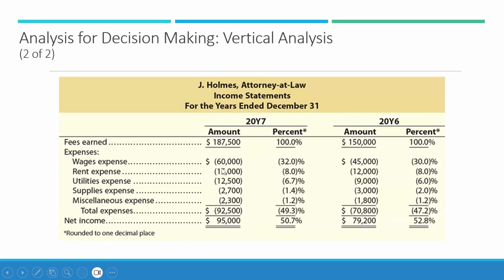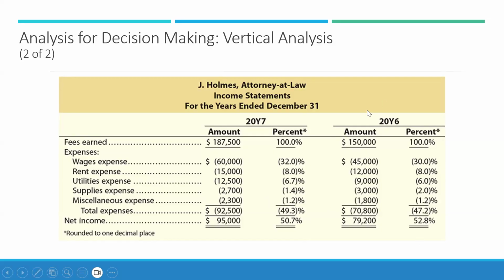So all of these expenses will be divided by fees earned to come up with these percentages. Do you see revenues are 100%? We see here that our net income is 50.7% of revenues. Okay. And then you get a good feel of where the expenses are coming through.